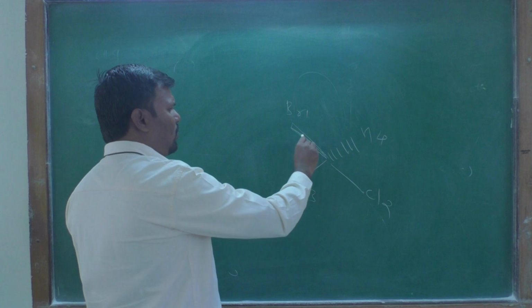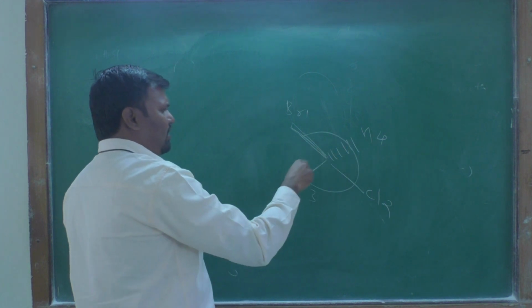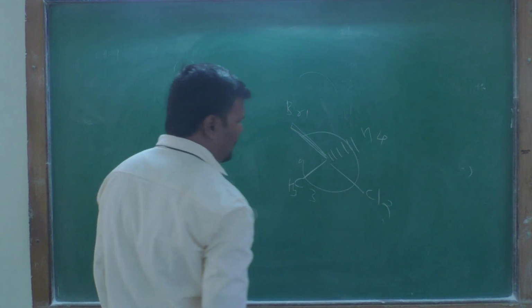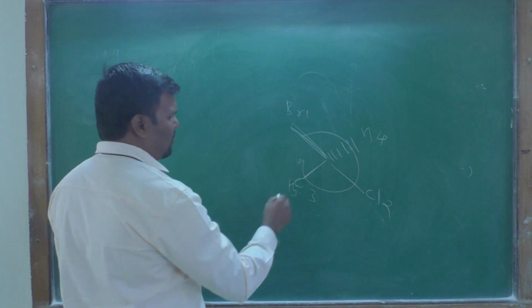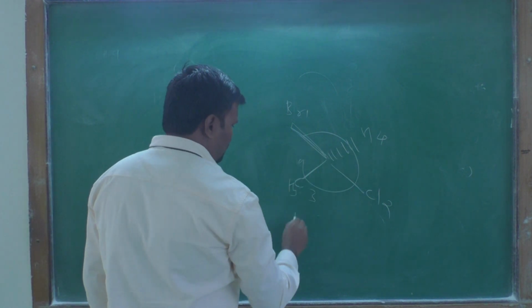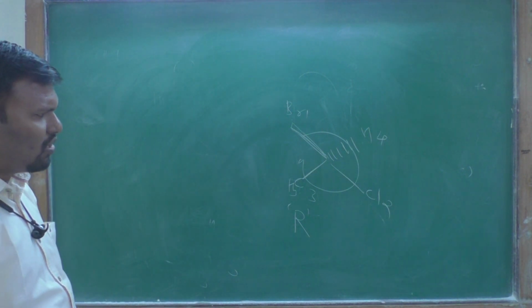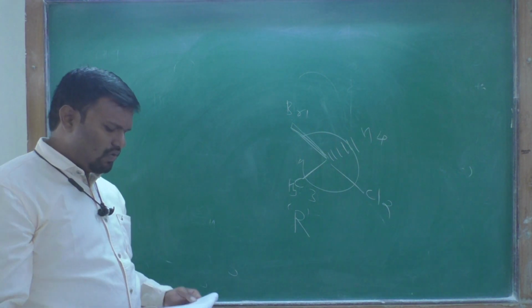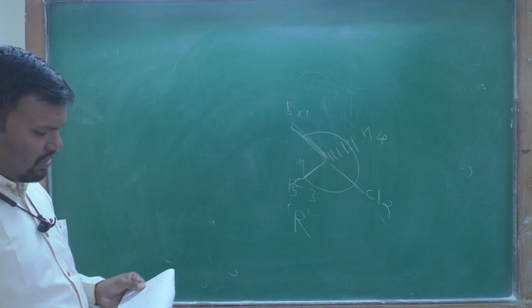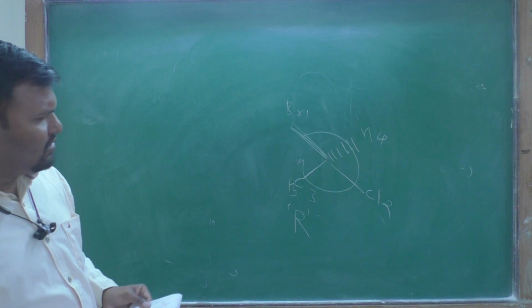Therefore your rotation is 1, 2, 3, and your fourth group is pointing away from the observer. Therefore the configuration should be R. In this case, the configuration is not changed because your fourth priority group is away from the observer. Okay, next example.